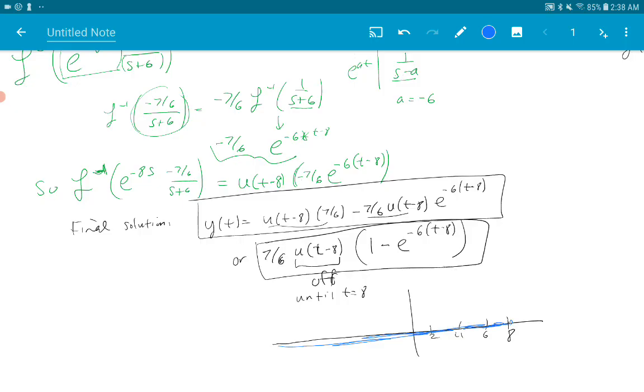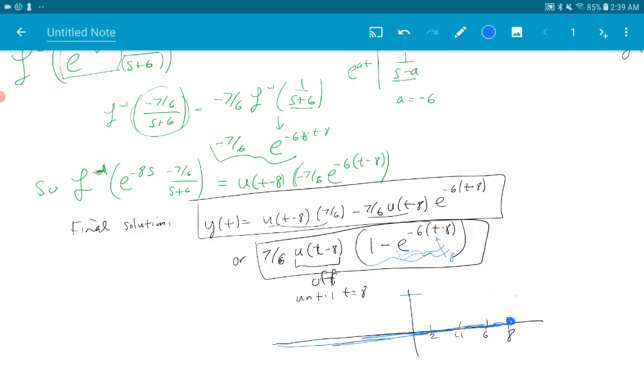And then what would happen? Then this function starts. Okay, so it's 1, but 1 minus this. Well, what's this when t is 8? If I replace t with 8, I get e to the 0, so it's 1 minus 1. So it's actually here. And then as t increases, this gets small, which means the whole thing gets closer to 1.